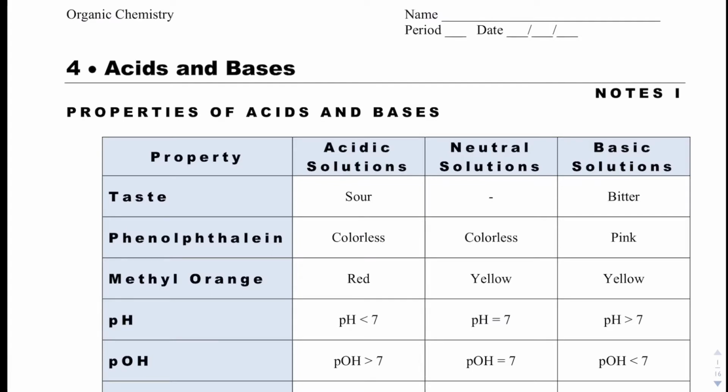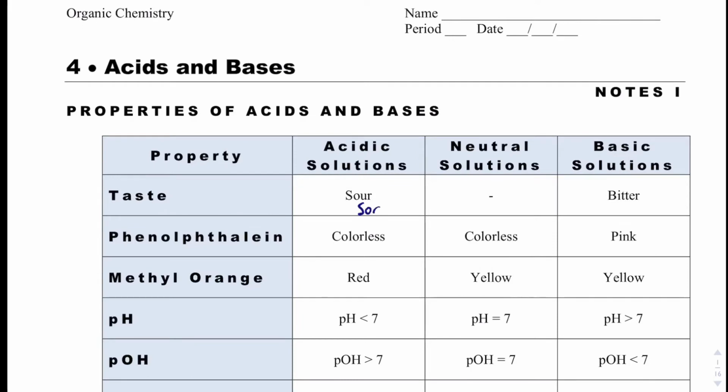You may know that acids tend to be sour, where bases tend to be bitter. A good example of a common acid would be something like soda. A common basic solution might be something like a soap solution. Soaps are bases. Phenolphthalein is an indicator.